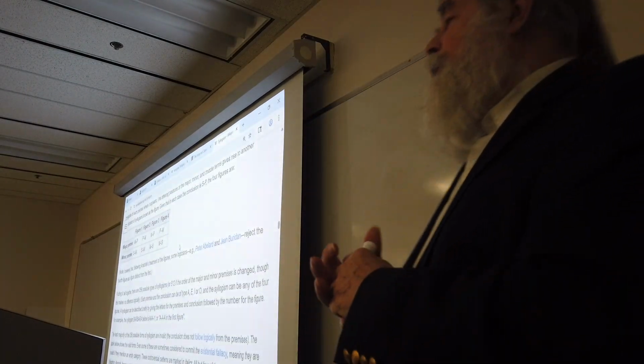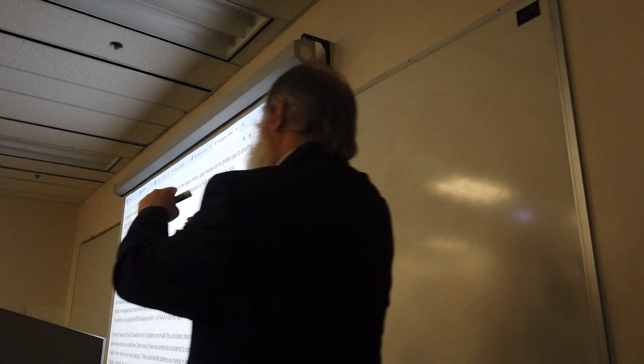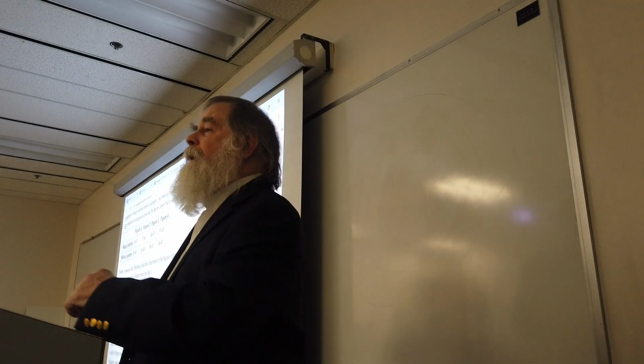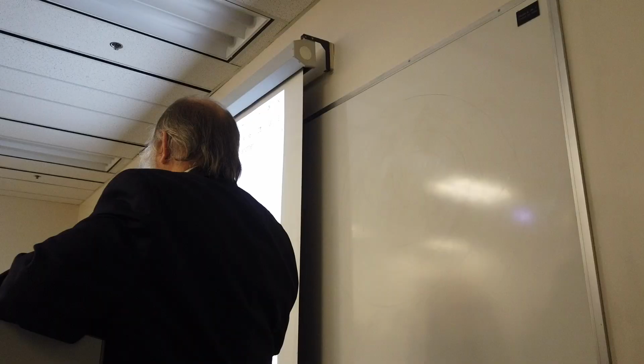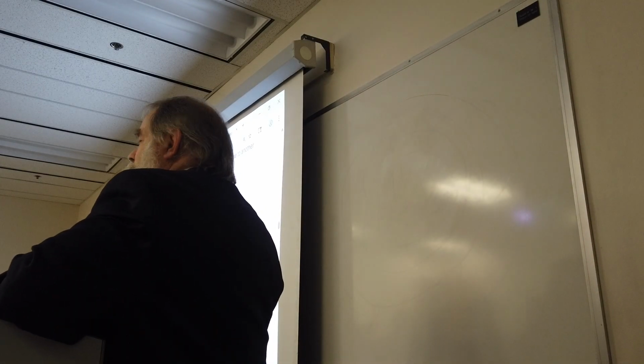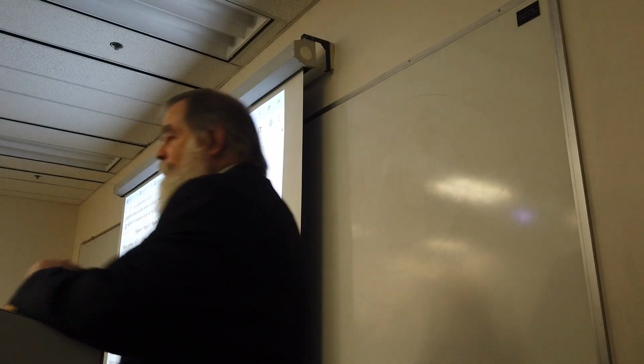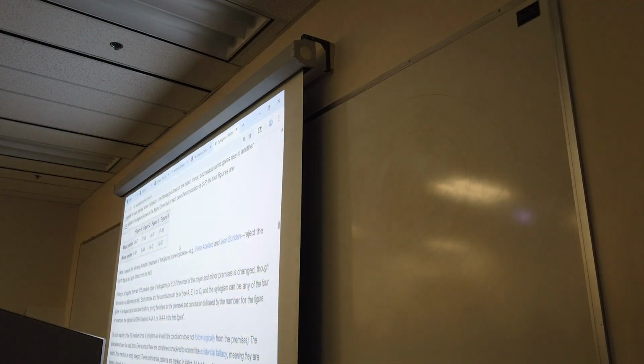For example, if I give you an argument with an I statement, an I statement, and an I statement, no matter which figure I put it in, the argument will be invalid. Won't convince anybody of anything, right? The argument that is AAA in the first figure is named Barbara.